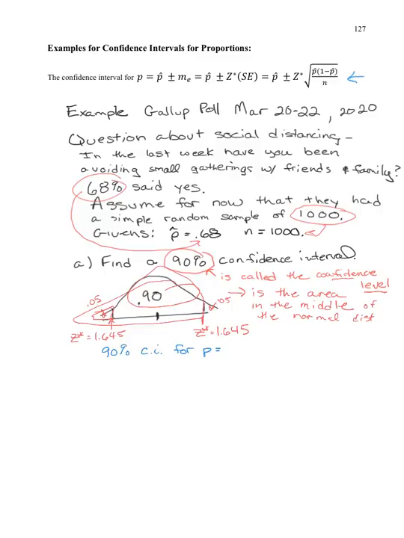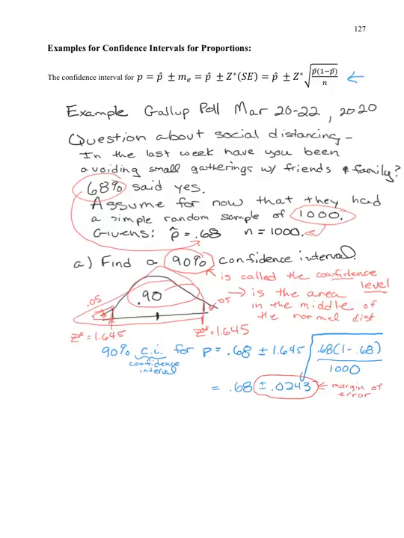So our 90% confidence interval for p, and CI is my abbreviation for confidence interval, plugging all our givens and our z star into our formula gives us this equation right here.